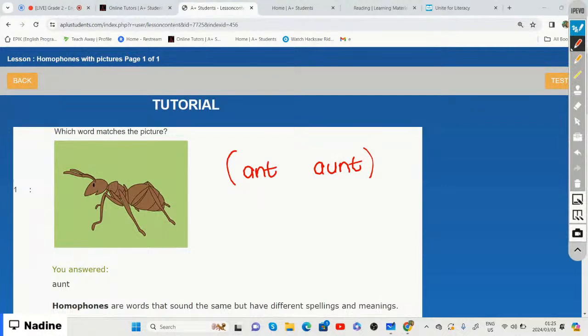So we need to choose one of these words that matches this picture over here, the ant. So is it the first word ant, which is A-N-T, or A-U-N-T?